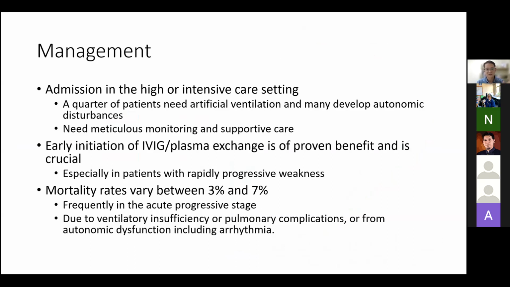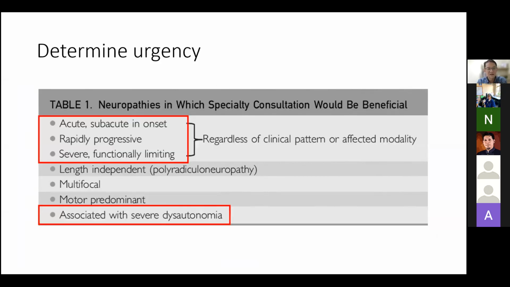We know that as long as you can support them for 3 weeks, 4 weeks until they reach the plateau, and subsequently recover within 4 to 6 weeks. So Guillain-Barré syndrome is acute, rapidly progressive, with severe functional limitation and autonomic dysfunction. These are cases that require urgency and special attention.